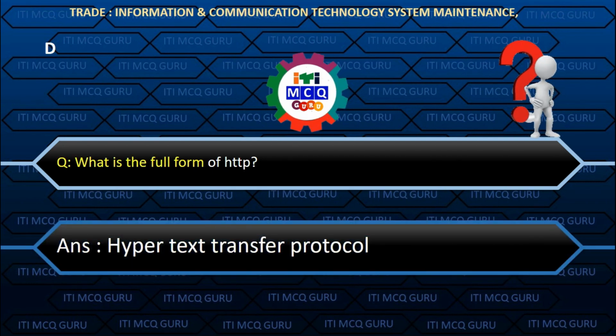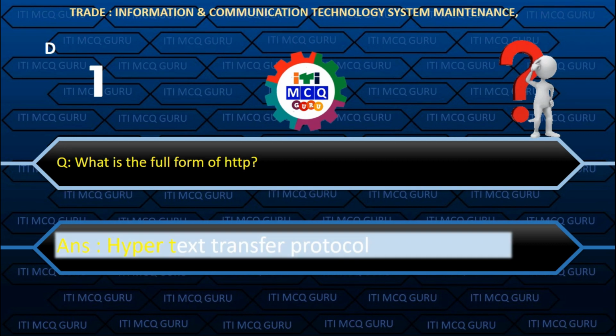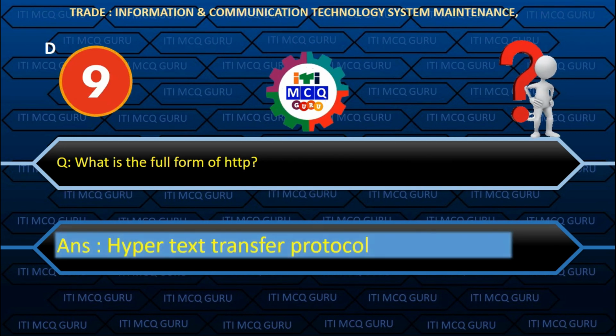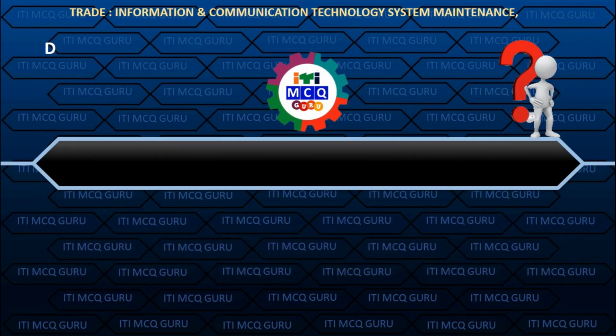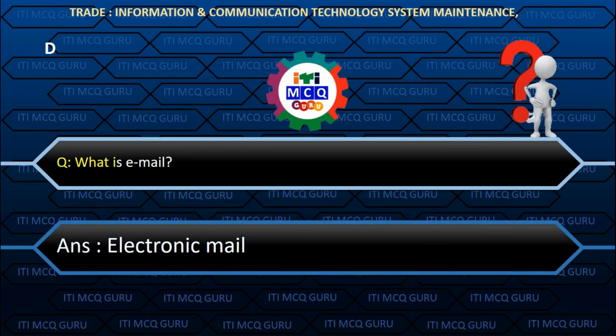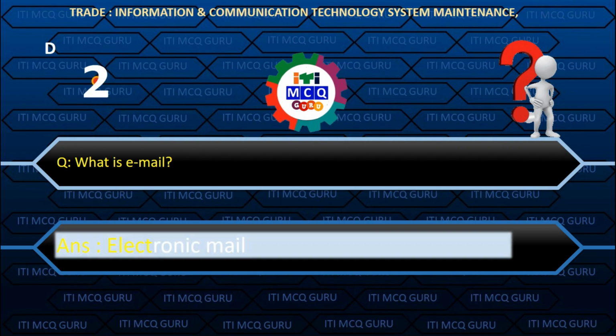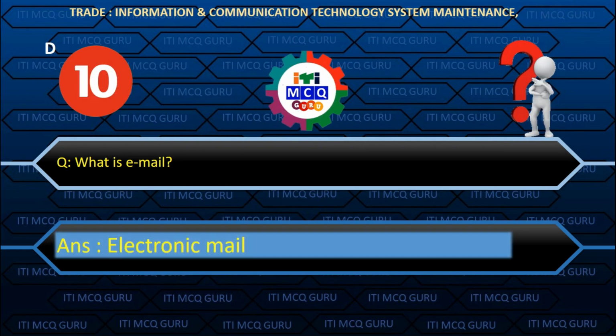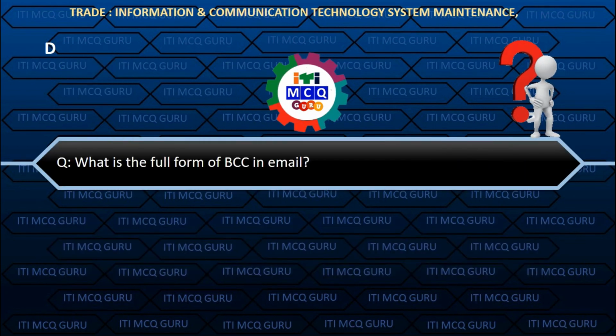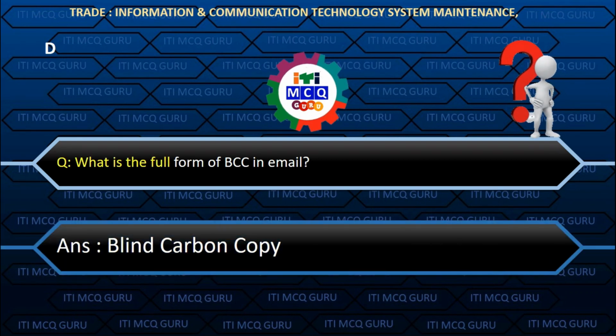Answer is Hypertext Transfer Protocol. What is email? Answer is Electronic Mail. What is the full form of BCC in email? Answer is Blind Carbon Copy.